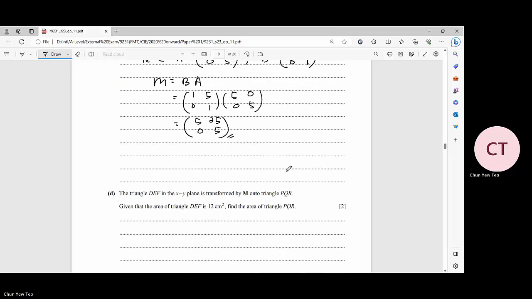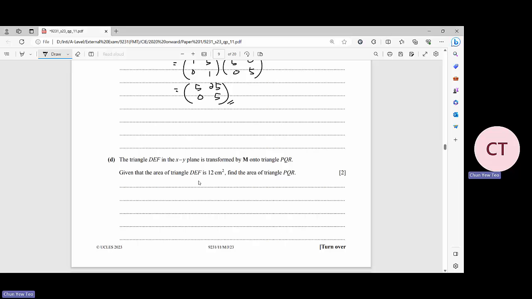And D. We have the triangle DEF is transformed by M onto the PQR. This is the object. This is the image. Given that the area of the object is 12, they want to find the area of the image.